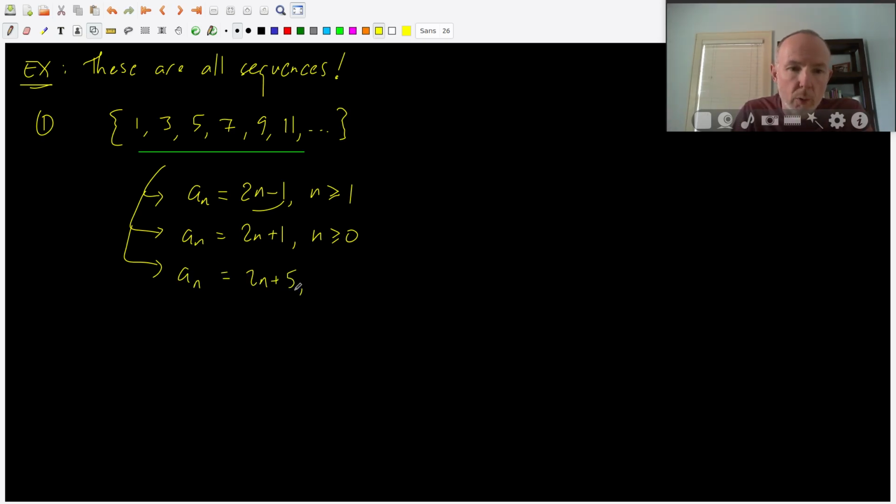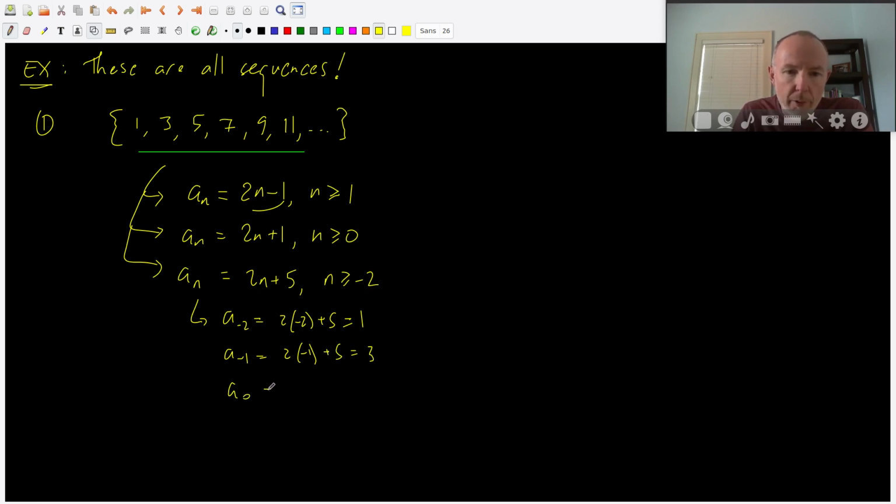For example, I could write it as a sub n is 2n plus 5. And then if I started with n, I think starting at minus 2, then a sub minus 2, that would be the first term coming out of this, would be 2 lots of minus 2 plus 5, well, that's 1. And then a sub minus 1 is 2 lots of minus 1, plus 5, which is 3.